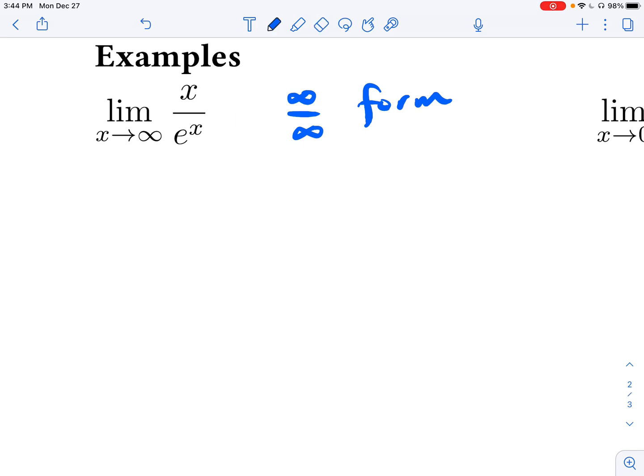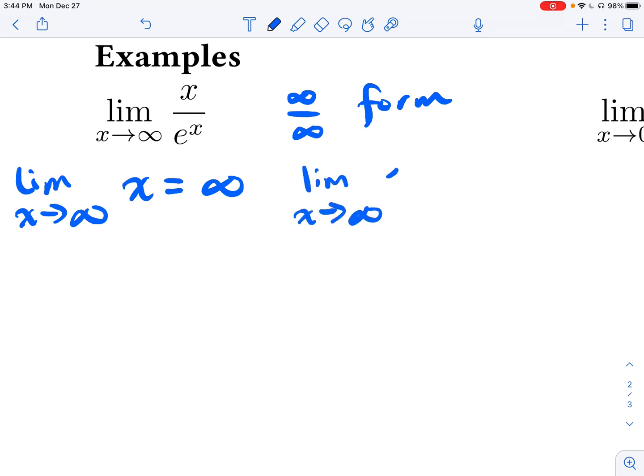Okay. Now, let's state the individual limits. The limit as x approaches infinity of x is equal to infinity. And the limit as x approaches infinity of e to the x, well, this is also infinity. Therefore, which is again that those three dots is that therefore statement.